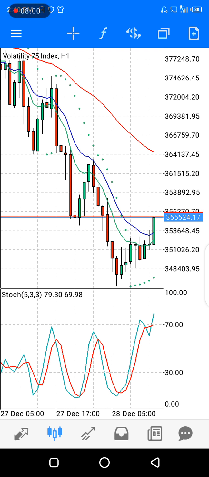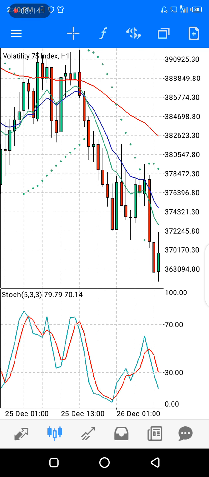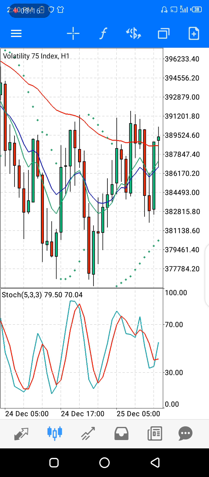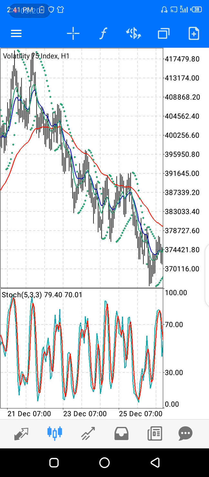With the buy, when the parabolic SAR is below the candles, and the stochastic must be above 30. So when the parabolic SAR is below the candles, let's see. It seems these candles are too big to view, so let's move it.